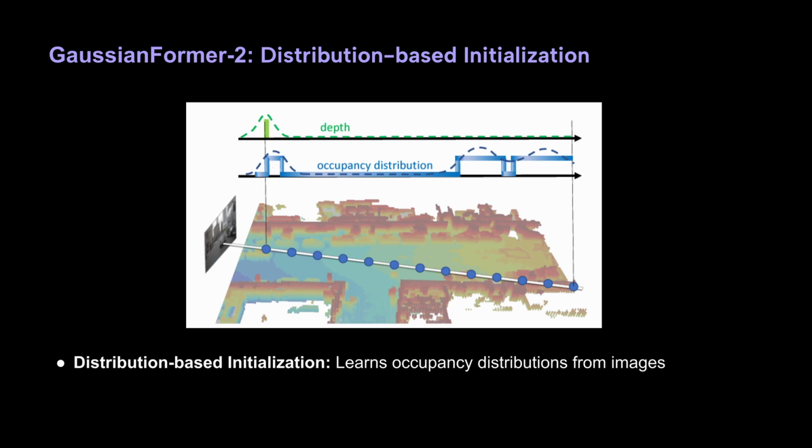By casting rays into the scene and sampling points along them, the model acquires occupancy labels from ground truth data. It then trains a module to predict these occupancy distributions along each ray. This approach no longer depends on depth prior, which only captures the surfaces of objects. It ensures Gaussians start closer to actual objects, improving both speed and accuracy of convergence.